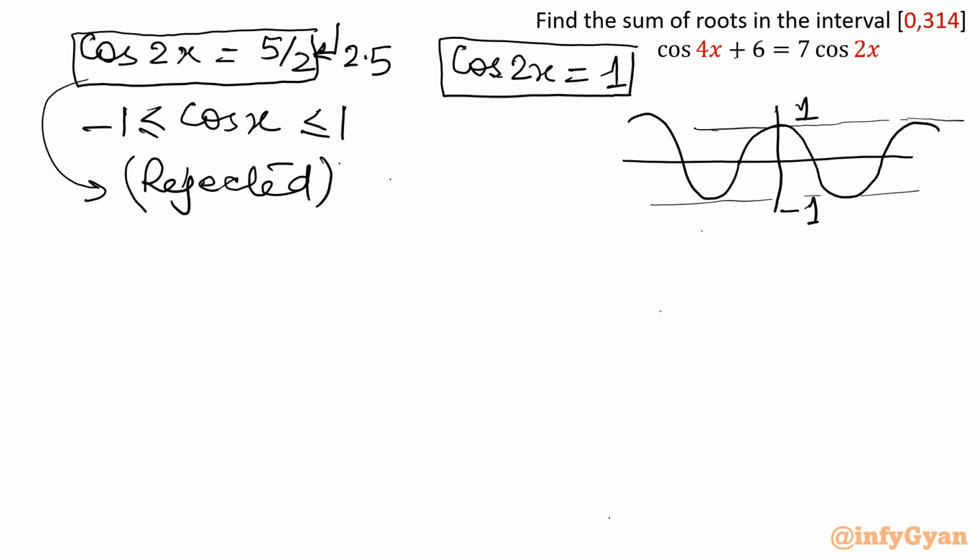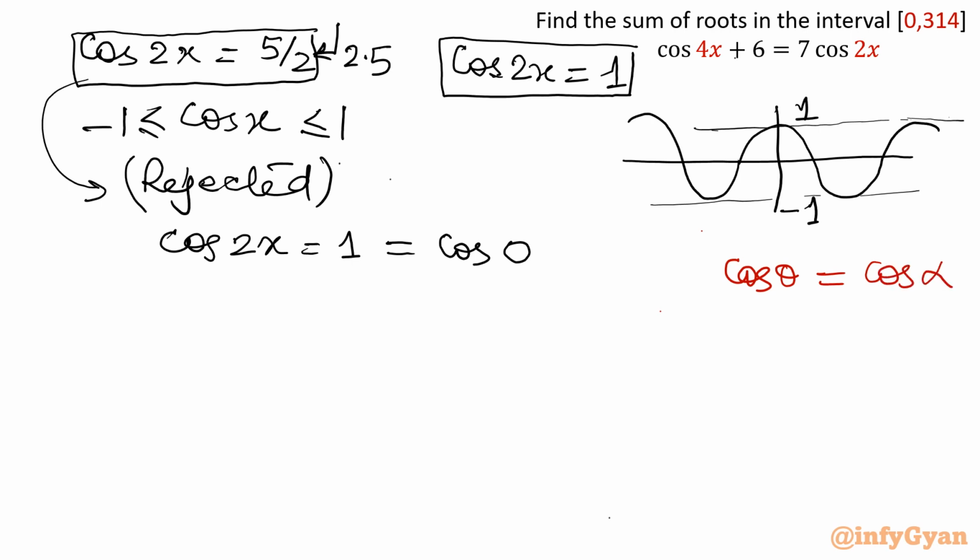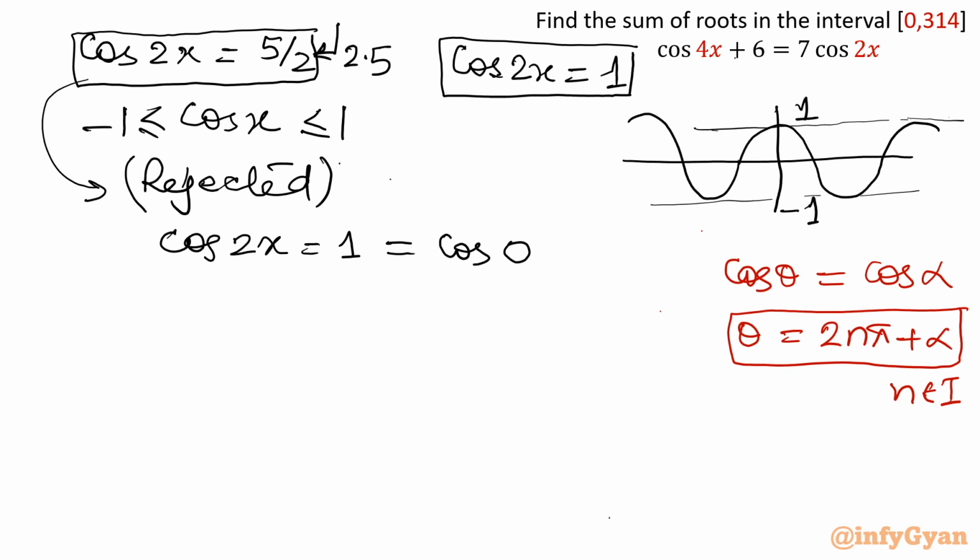Now come to cos 2x is equal to 1. Let me write cos 2x is equal to 1, that means cos of 0. For the general solution, we know that if cos theta is equal to cos alpha, then theta is equal to 2n pi plus alpha, where n belongs to integer.